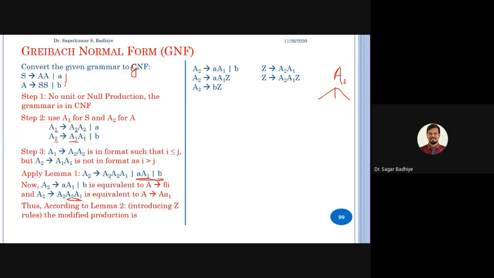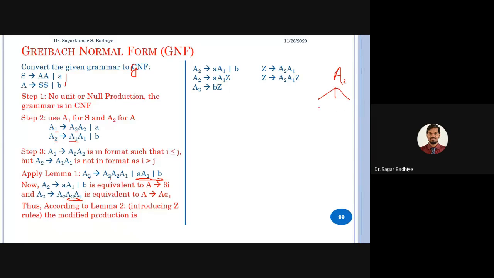But then I won't get BBA, because that is a single terminal and a terminal cannot be replaced by any other rules. Then there was another option, that A2 can be replaced by A1. If I replace it with A1, then again I won't get BB at the start, so I cannot use this rule either. So I am having only one option, that is, I can use the derivation for this particular rule.